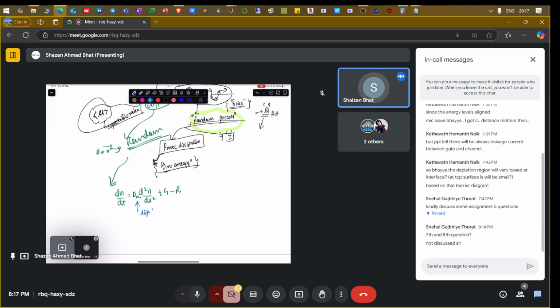And this diffusion coefficient is from Einstein's relation. It's kT by q times the mobility. Mobility comes in here. Now, mobility is a very highly averaged quantity. And from the previous relation I talked about, mobility is q tau divided by m, where tau is again the momentum relaxation time.